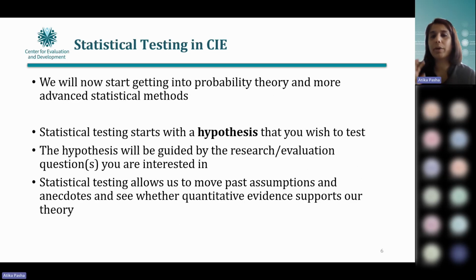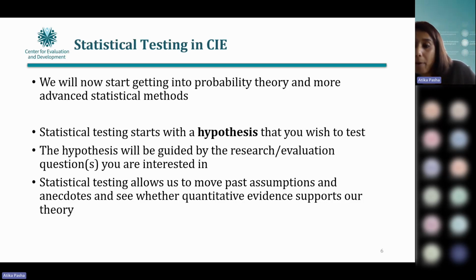And so this is where we start going more into probability theory or more advanced statistics, right? And we have to start our testing with a hypothesis that we wish to test. Again, every research question or every program should be guided by an evaluation question, right? So every time we start a program we should have a theory of change, we should have particular evaluation questions that we are interested in.